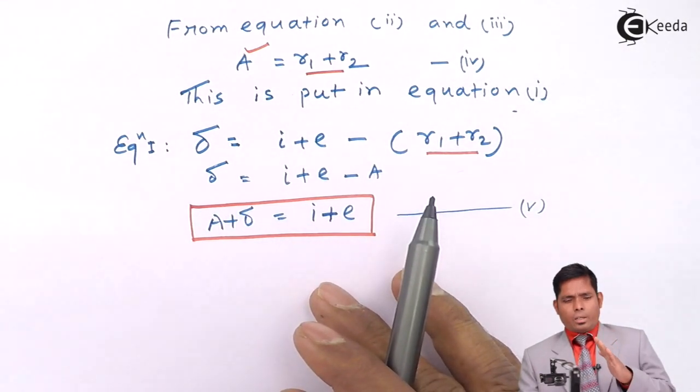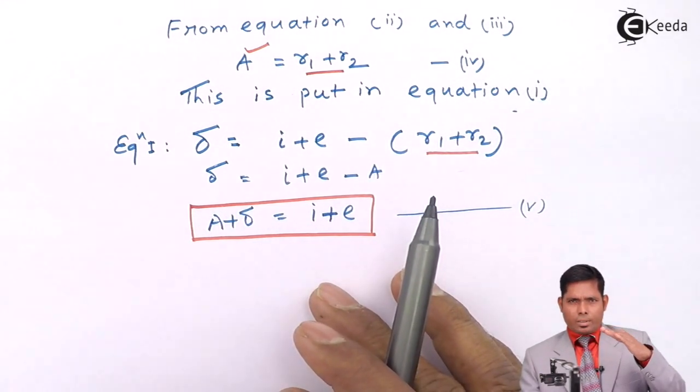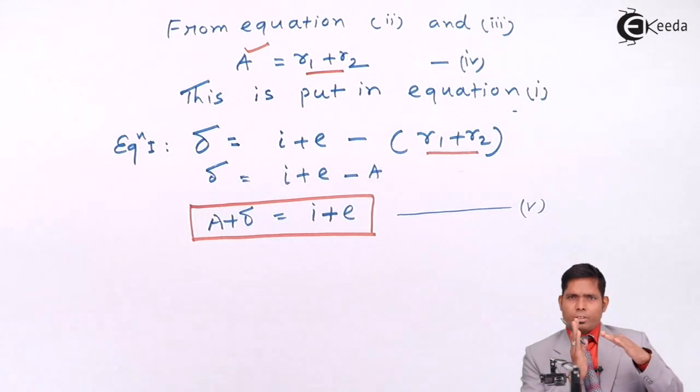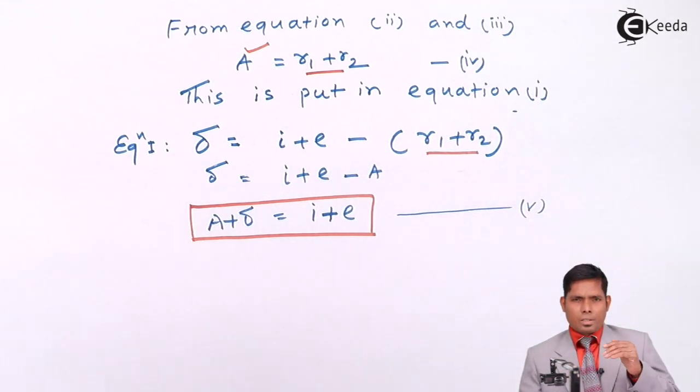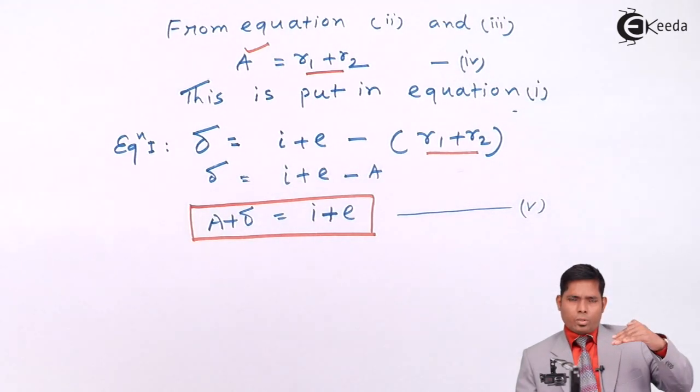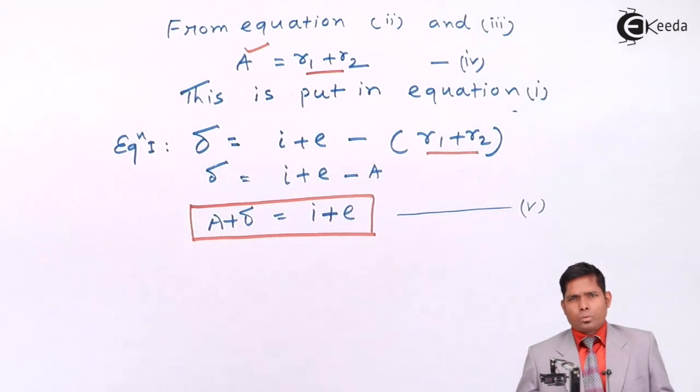As the angle of incidence at the first phase, when refraction takes place the first time, this angle is I. As you change I, keep on increasing I, what happens to the angle of deviation delta? It is found that as you increase I, the angle of deviation decreases and attains a minimum value.